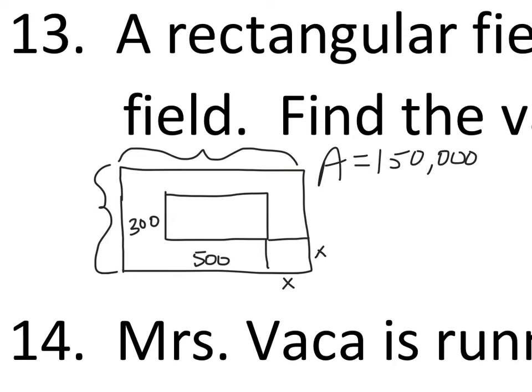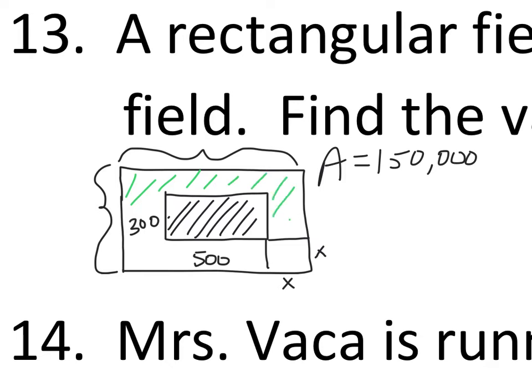Okay, well, we know that if we take our 300 and subtract 2x, and multiply that times 500 minus 2x, that will give us this area in here, which is going to be half of the whole area, because this area is equal to this area out here.